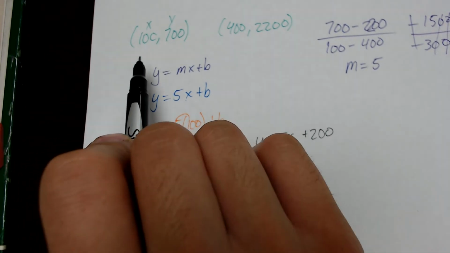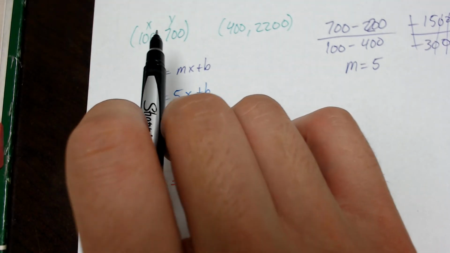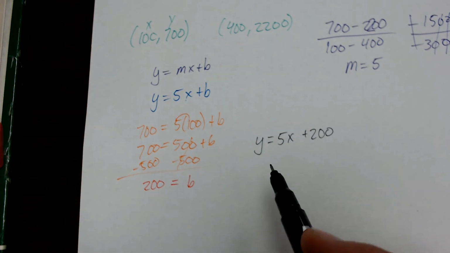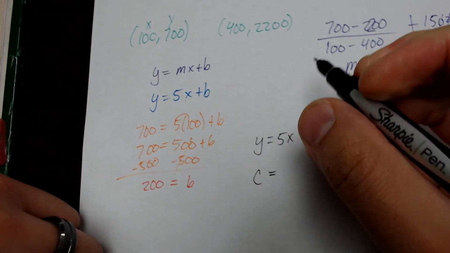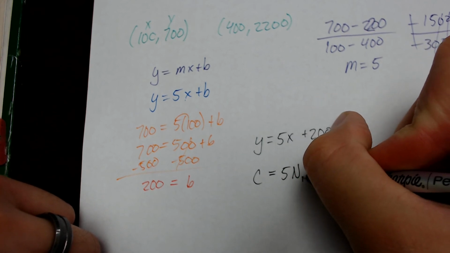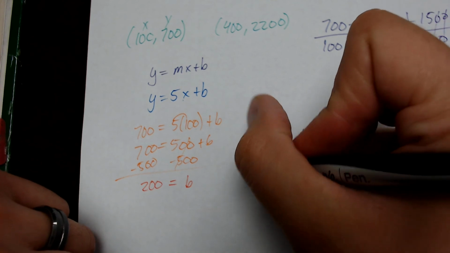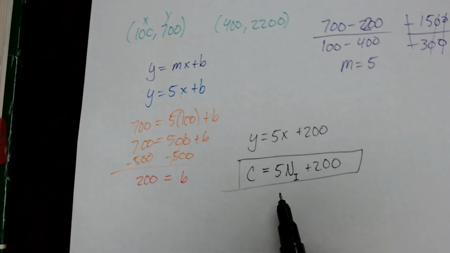So if we remember, the number of items was 100, the cost was 700, so x is the number, y is the cost. So we'll write this as the cost equals 5 times n, number of items, plus 200. That'll be my final answer.